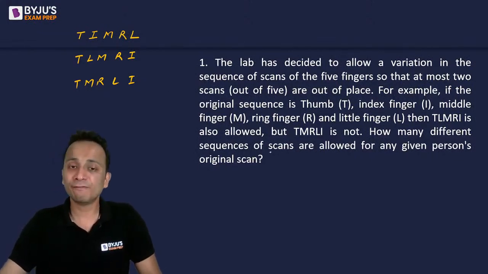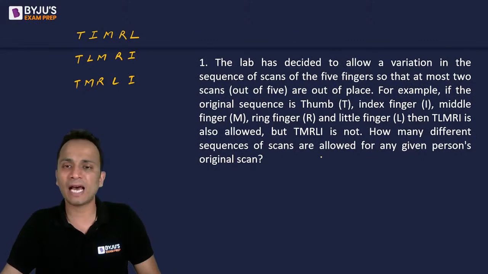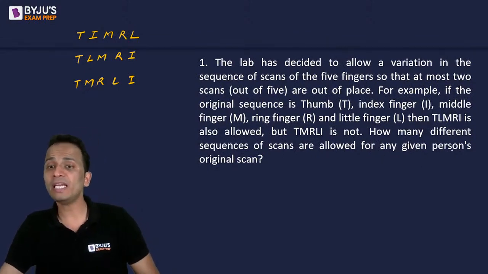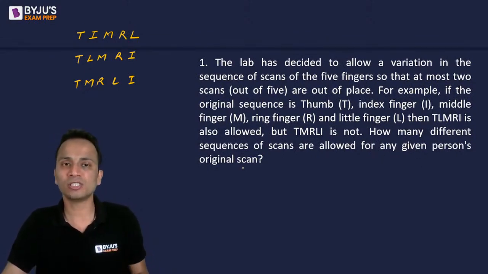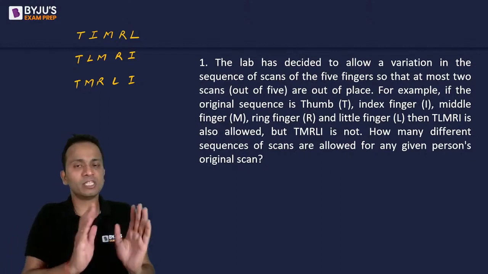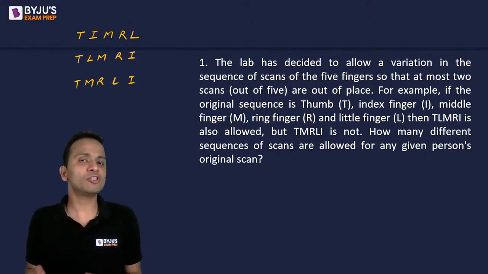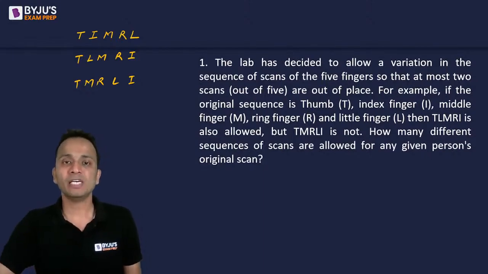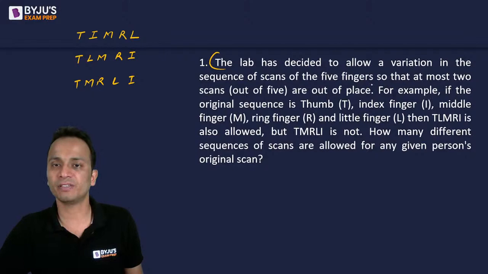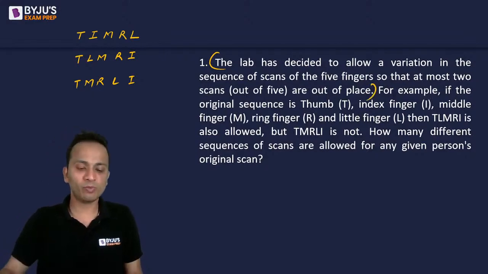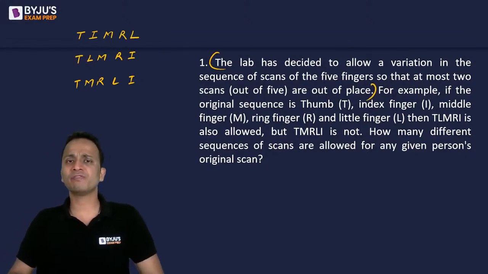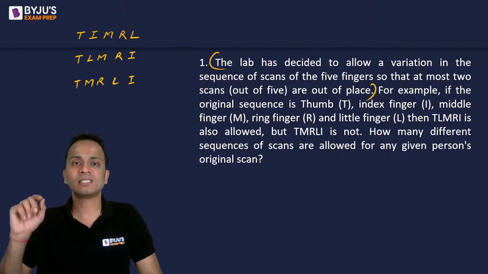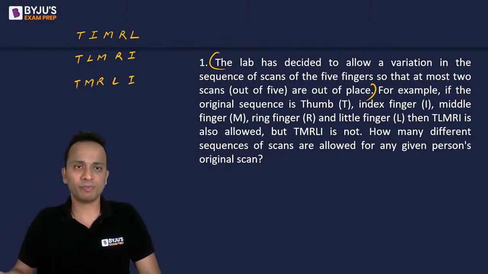So how many different sequences of scan are allowed for any given person's original scan? So original scan उसने दे दिया, अब कितनी सीक्वेंस के थ्रू वो लैब में एंटर कर सकता है ये बताना है. If this relaxation is given, the lab has decided to allow a variation in the sequence of scans of 5 fingers so that at most 2 scans out of 5 scans are out of place.